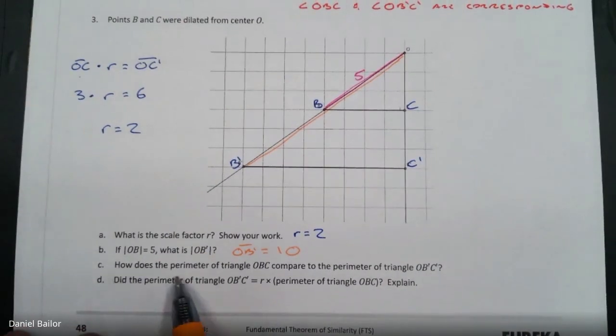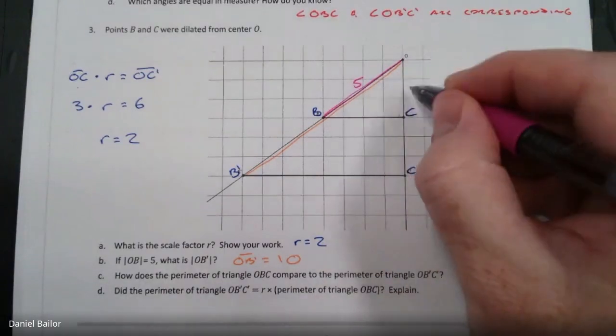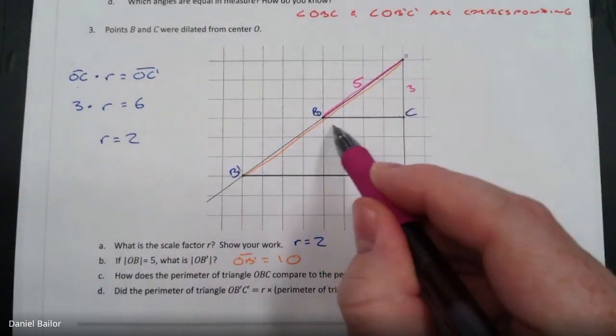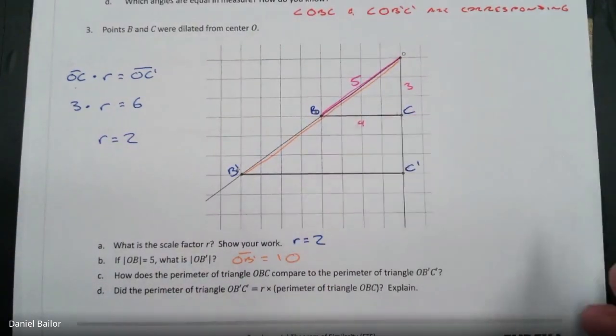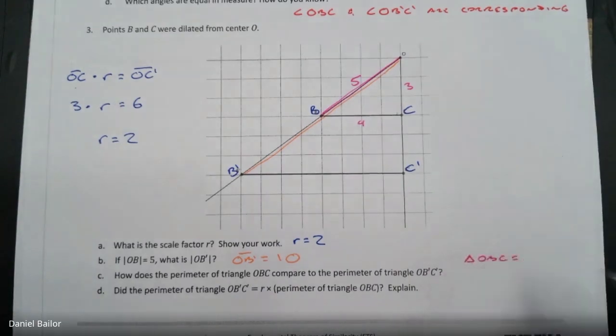Part C, how does the perimeter of the original triangle compare to the perimeter of the new triangle? So we know this is 5, this is 3, and this is 4. So triangle OBC, the perimeter is 5 plus 3 plus 4, which is 12.